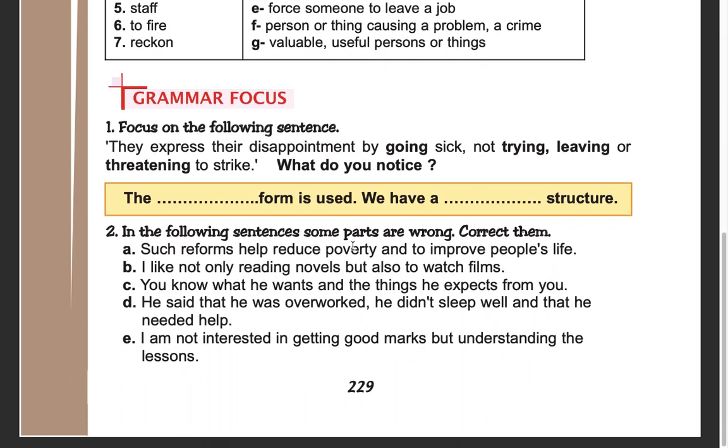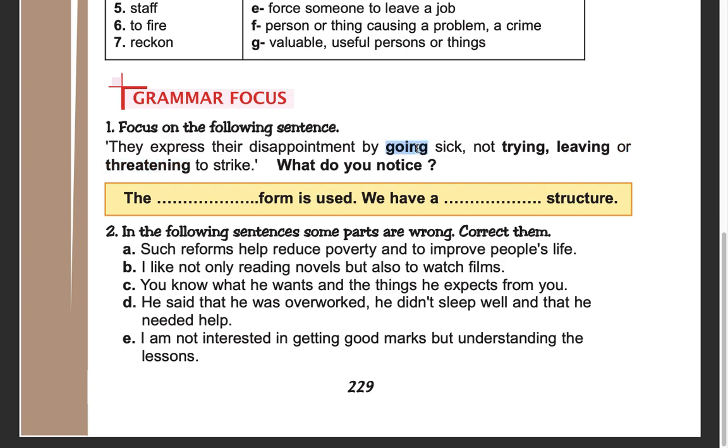Grammar focus. So we move on to grammar, and mainly we will use this sentence as an example. "They express their disappointment by going sick, not trying, leaving, or threatening to strike." Here you have commas in between, and "or" before the last expression.